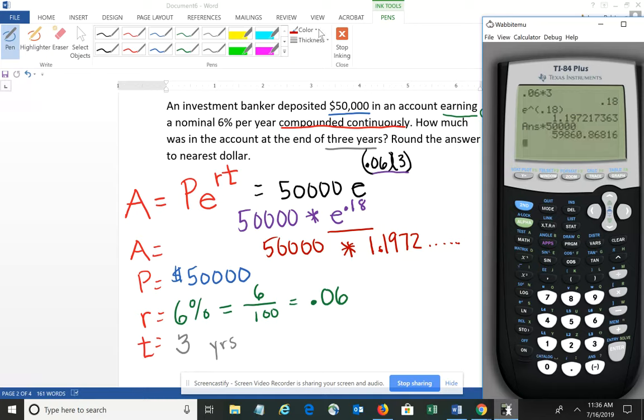Okay, and again, if we look at it, we have $59,860.87. So I have 59,860 and 87 cents.